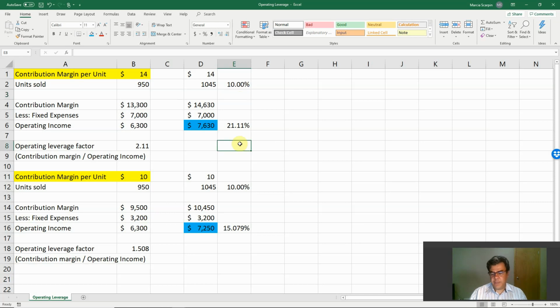If we do that math here, 2.11 times the change in sales, we will have the change in operating income. The same here, the same formula, 15.08%.